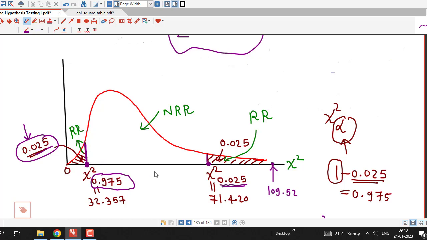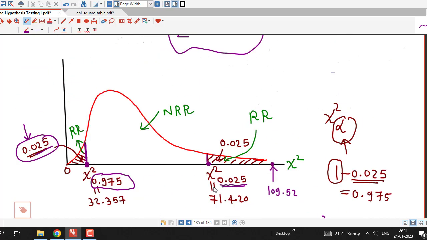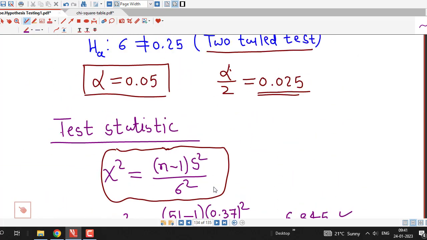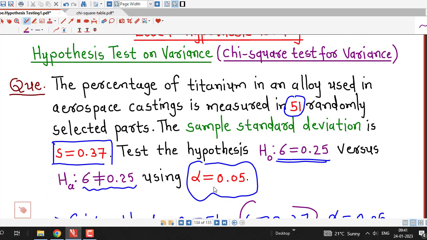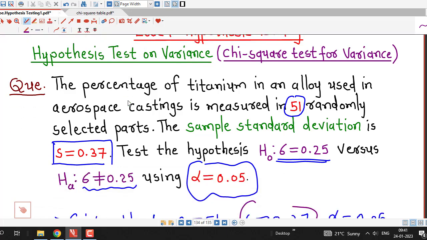Once we decide the critical values, we compare the calculated value of the test statistic and check whether it is in the rejection region or non-rejection region, and we conclude that it is in the rejection region, therefore we reject the null hypothesis. So this is a very easy test, known as the chi-square test for population variance, or hypothesis test on population variance.